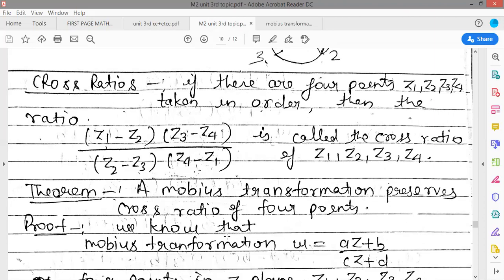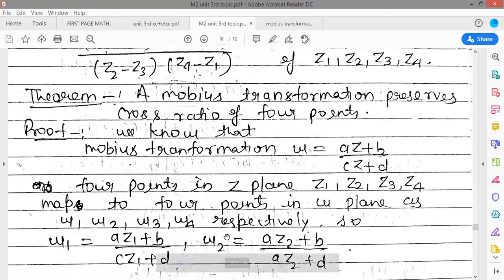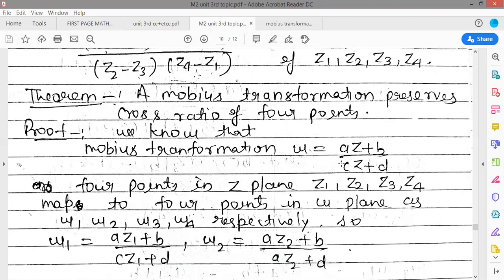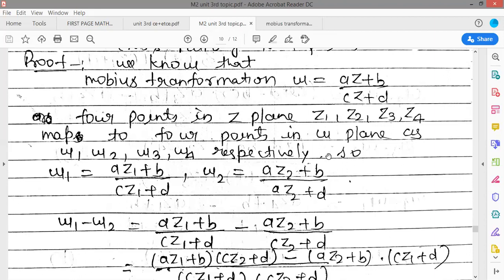Now next there is a theorem here: a Mobius transformation preserves the cross ratio of 4 points. This is another property, and the proof is here. We know the Mobius transformation w equal to (az plus b) upon (cz plus d). Because this is a 4 point property, we need 4 points, z1, z2, z3, z4 in the z plane, which map to w1, w2, w3, w4 in the w plane respectively.